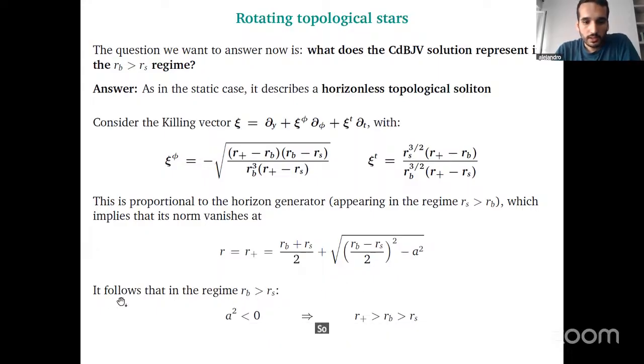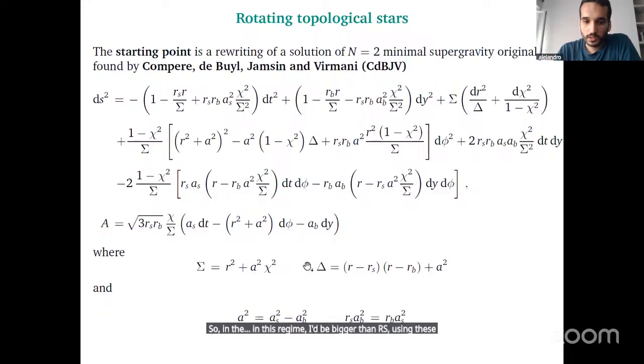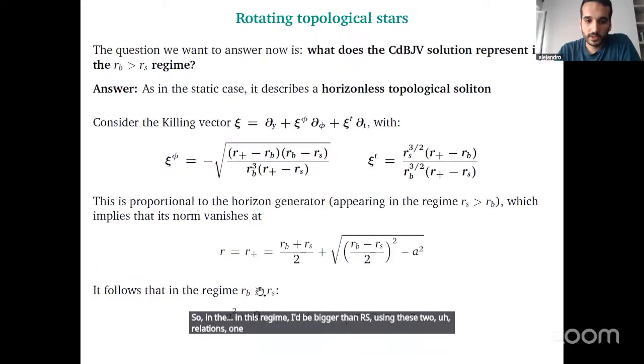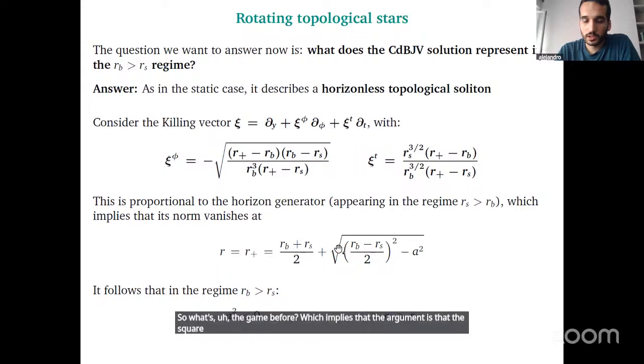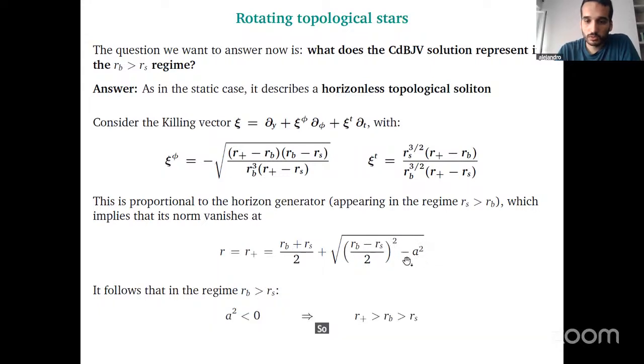So in this regime, R_B bigger than R_S, using these two relations, one can show that first a squared is negative, as I was saying before, which implies that the argument inside the square root never becomes 0. So there is no analogue to the extremal limit in the Kerr solution.